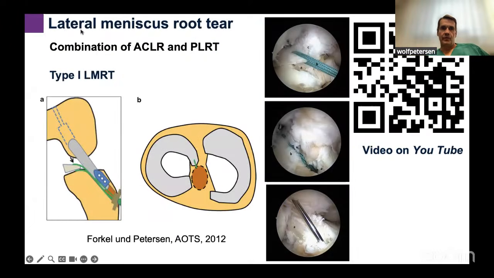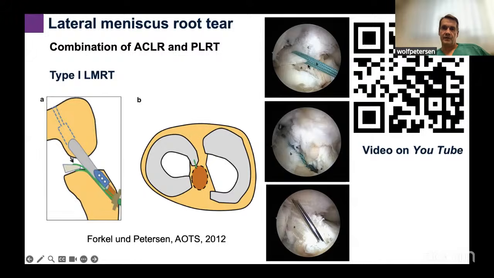How do we perform lateral meniscus root repair? You can do it in two ways. My preferred technique is this: I augment the posterior horn of the meniscus with braided suture material, and then I pull these sutures into my ACL tunnel, and then I fixate these sutures together with my ACL in the tibia.